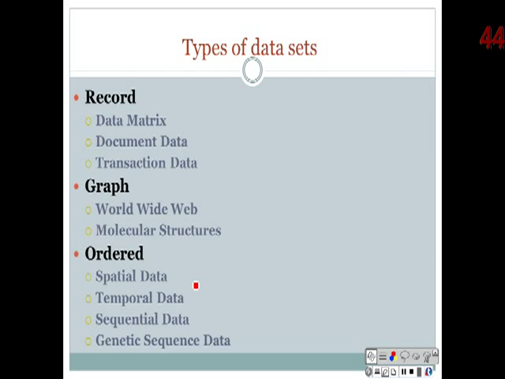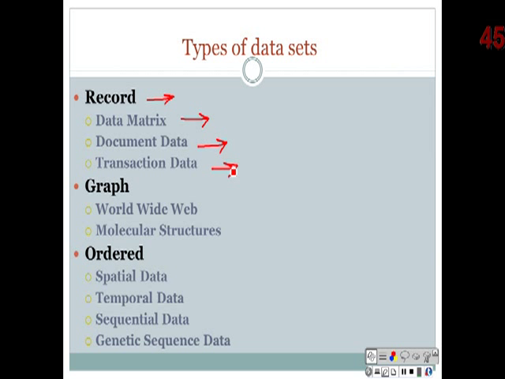So what kinds of data sets do we have that we can use in data mining? We have the record, and we can say that we have the data matrix, if we have data that has attributes, rows, and records, as we saw before. The document data, we're going to look at how we log that data. We talked about the frequency of the terms, and we're going to see how it looks.